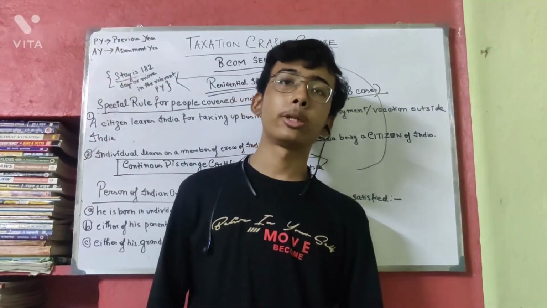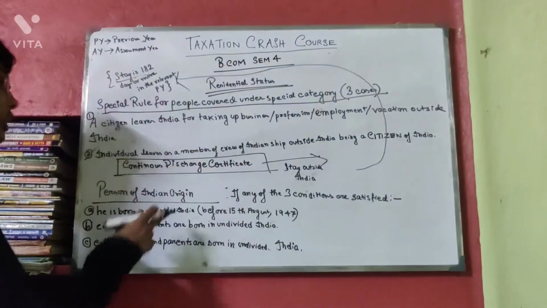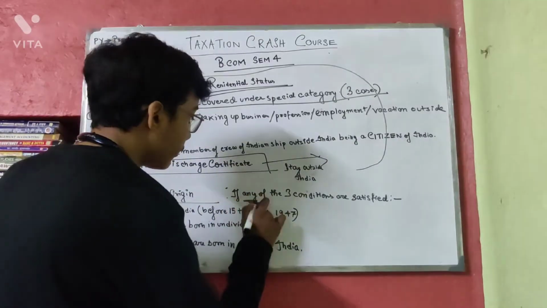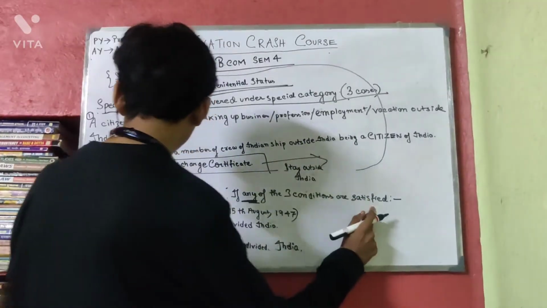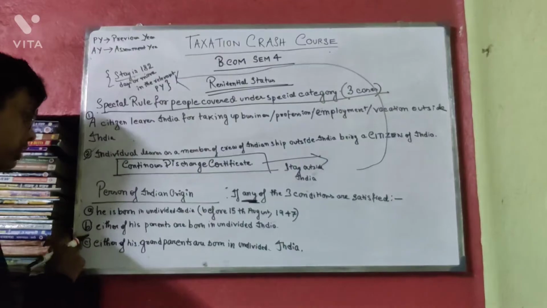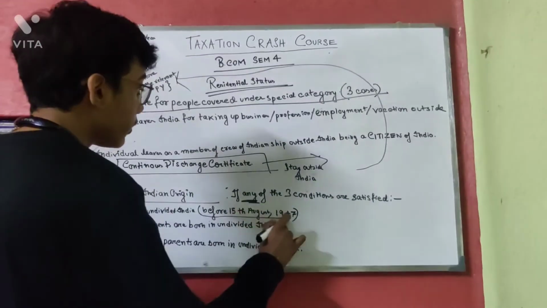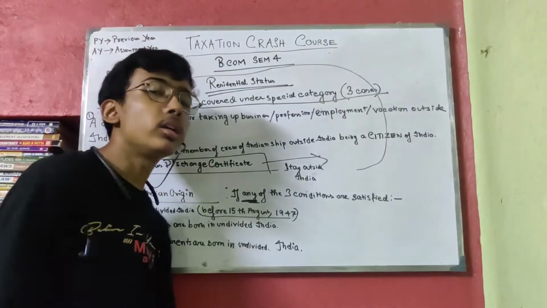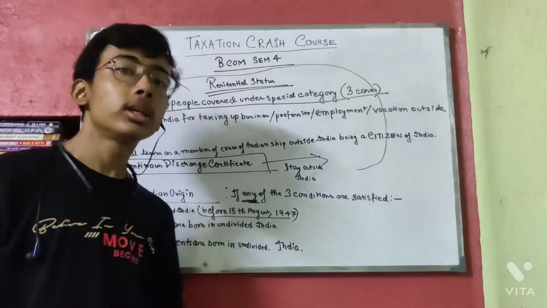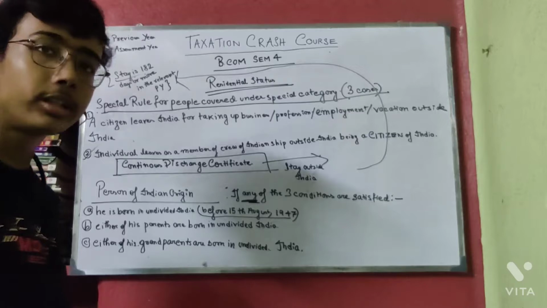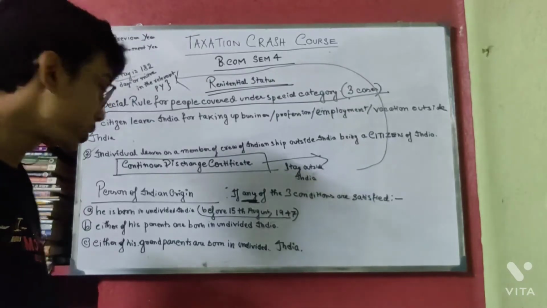Let me explain the third topic to you, which is the person of Indian origin. If any of the 3 conditions are satisfied, then we must see the 3 cases. The first is if he is born in undivided India, which is before the 15th August 1947. If before independence he is born in India, then he will be treated as a person of Indian origin.